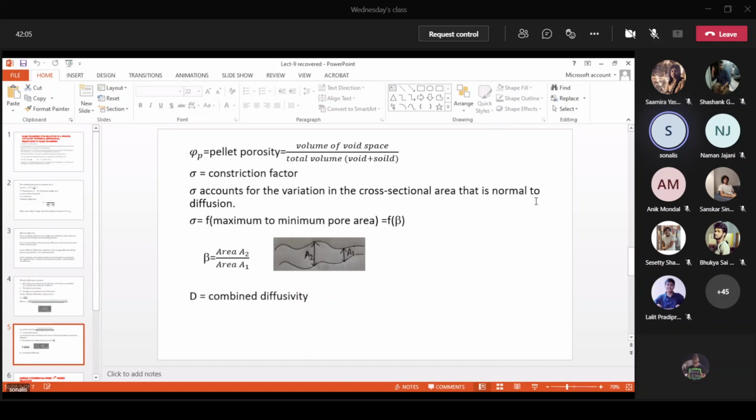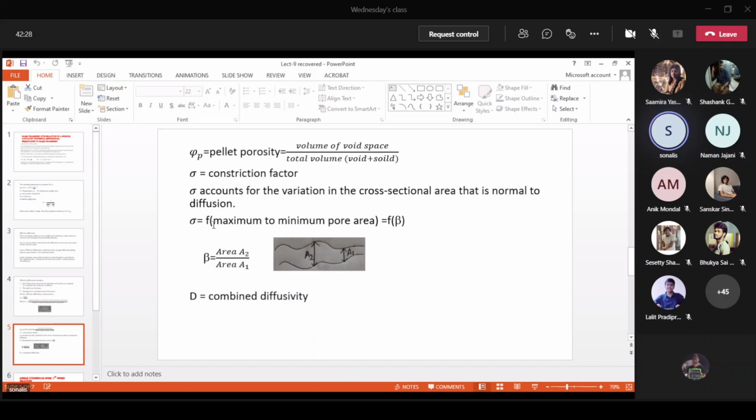This is the normal to the diffusion, straight through the pore. A molecule is diffusing. At A2, it is having a broader cross-sectional area, but at A1, it is having a smaller cross-sectional area. So sigma is a function of the maximum to minimum pore area, which is a function of beta.